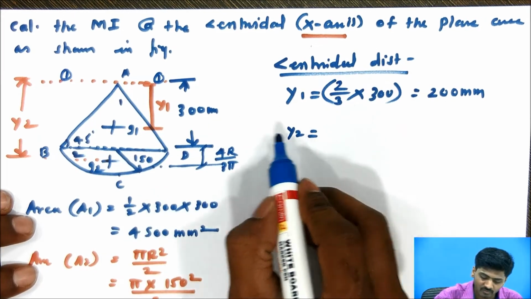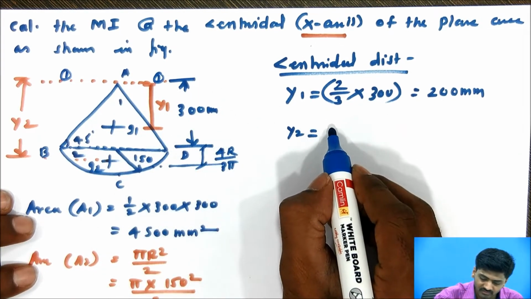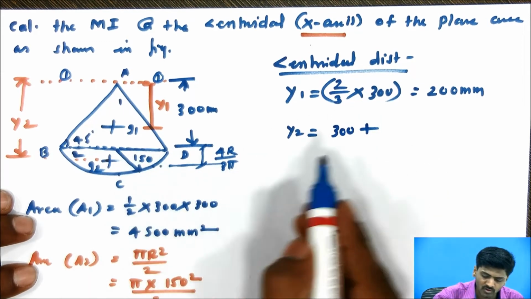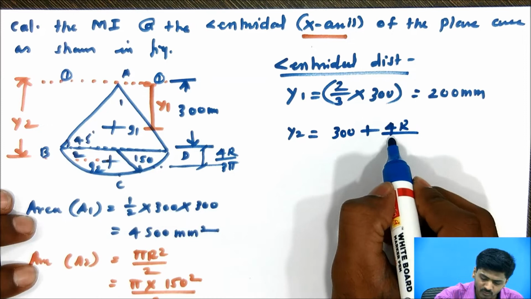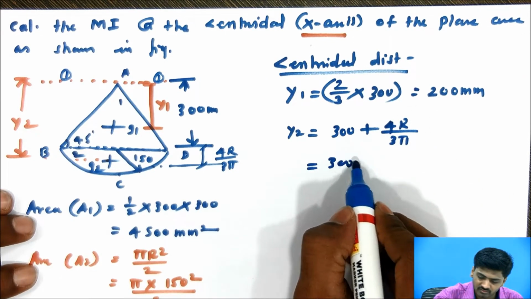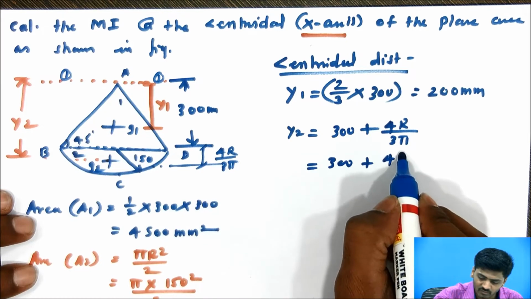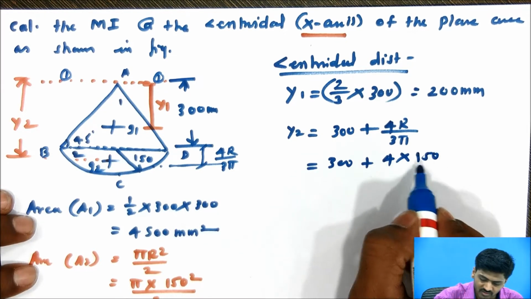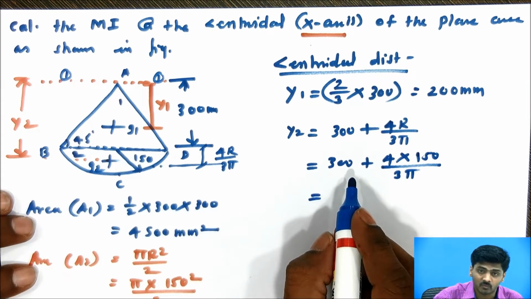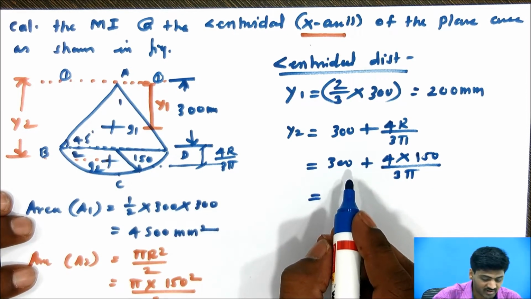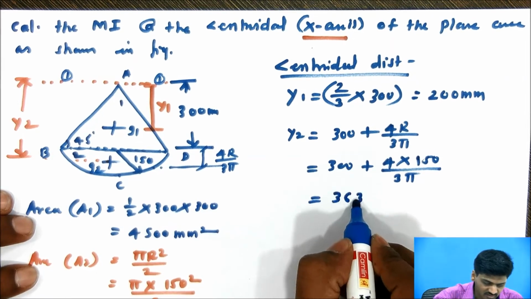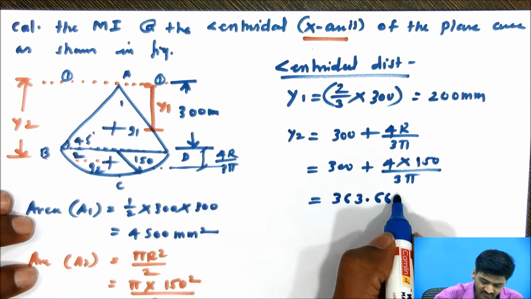So if I calculate from reference axis 1-1, this is 300 plus 4r upon 3 pi. So 300 plus 4 into the radius 150 divided by 3 pi. So we'll get the distance of y2 from reference axis 1-1. You will get 363.66 mm.